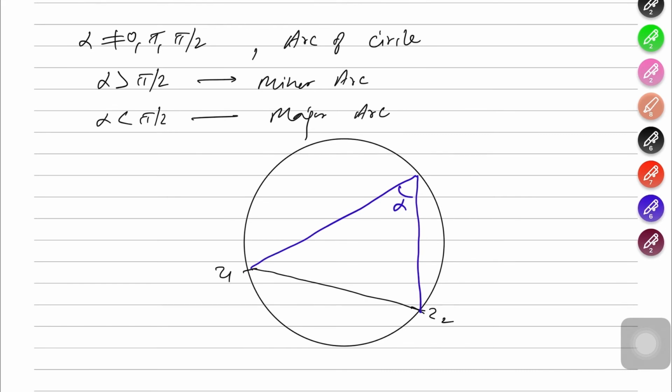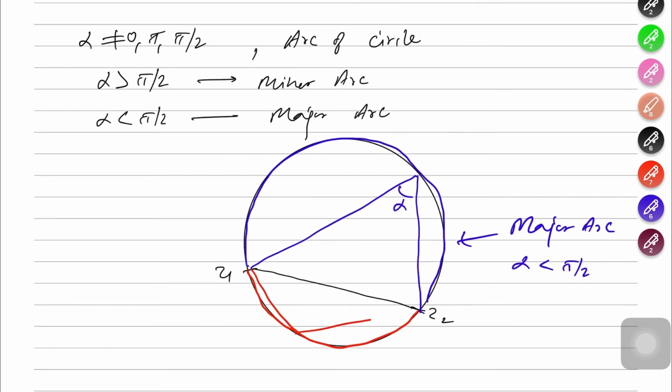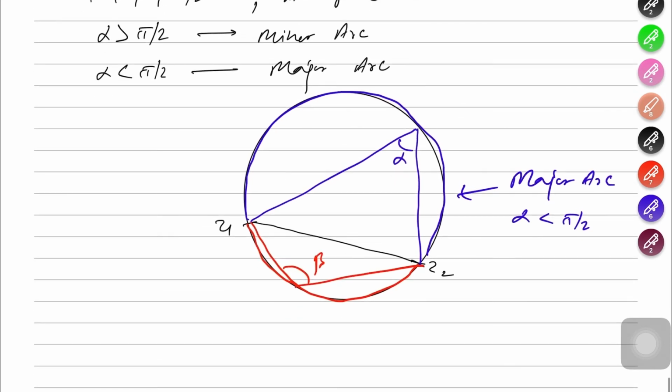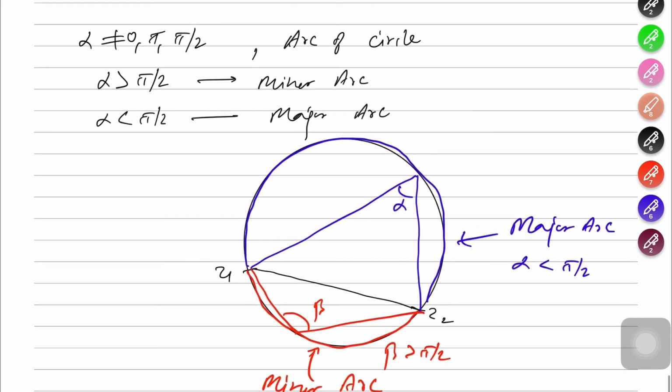Clearly on this side this is the major arc, and alpha is less than pi by 2, whereas on this side this is the minor arc, and if we take any angle, let's say this is beta, here clearly beta is greater than pi by 2 and they represent the minor arc of a circle. So on the minor arc side we get an angle greater than pi by 2, and on the major arc side we get an angle less than pi by 2.